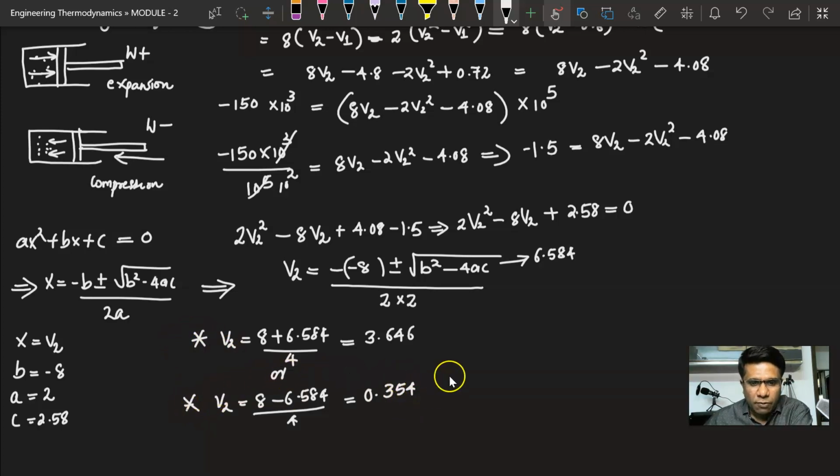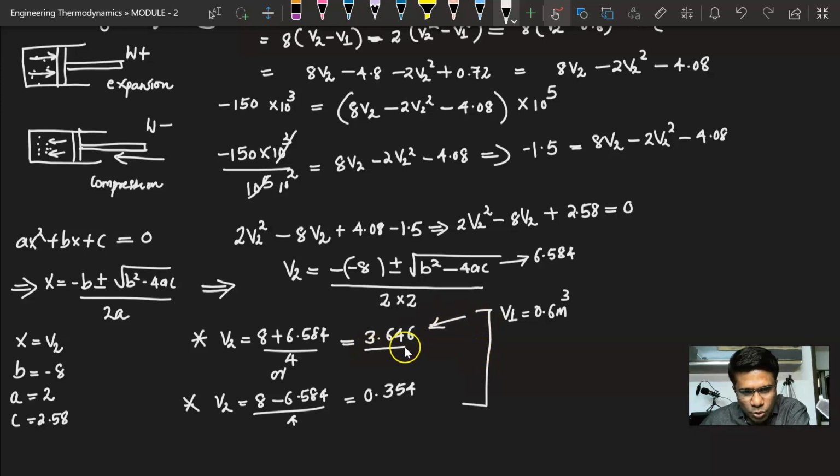Now check the initial value, what is the value of V1. You can see that V1 is equal to 0.6 meter cube. So can V2 be 3.646? That's the first question. We have taken work as minus because work is given to the system. That means there is a compression process happening. Therefore, volume can never increase from 0.6 meter cube to 3.646 meter cube.